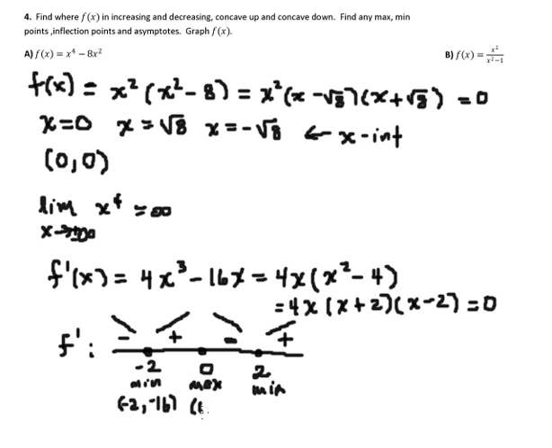Okay, substitute 0 into f of x. We have 0, 0. And here we have 2, minus 16. Again, this minus 16 comes from substituting the x value into f.